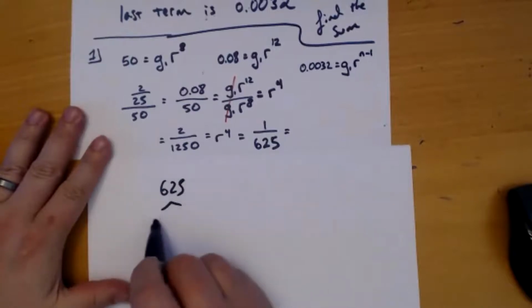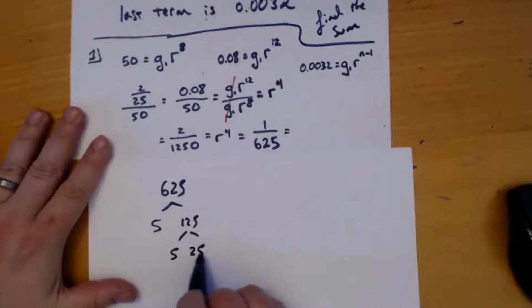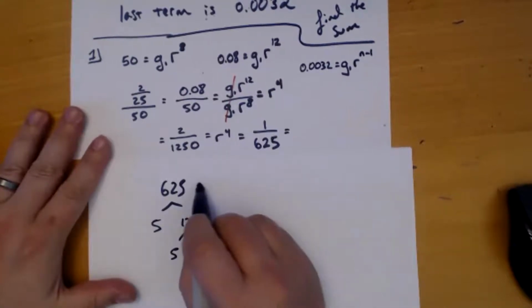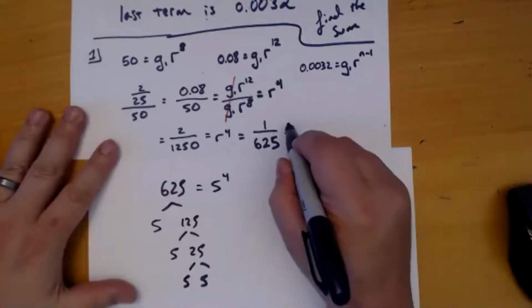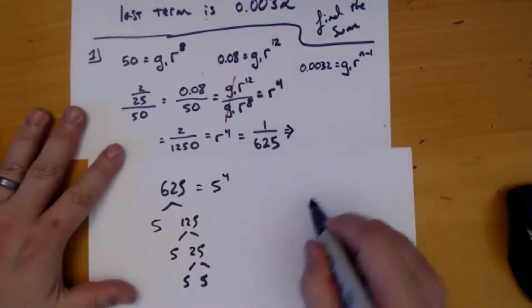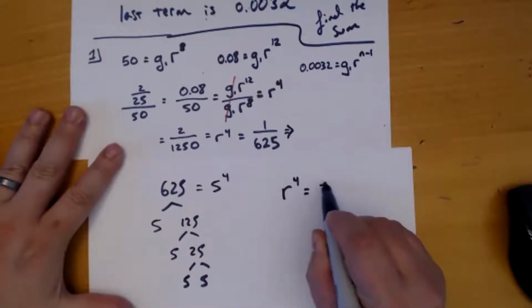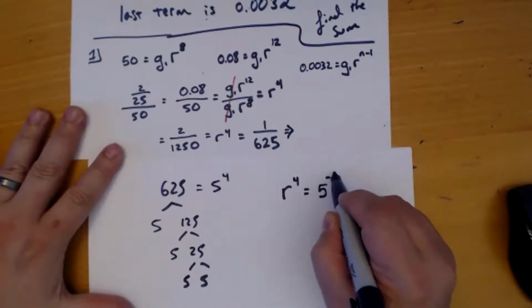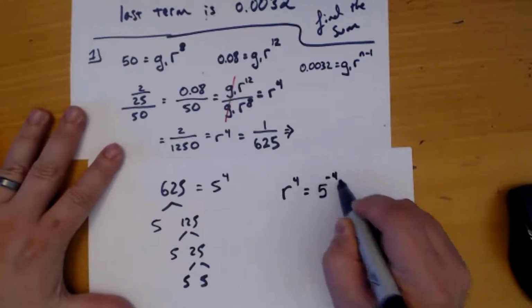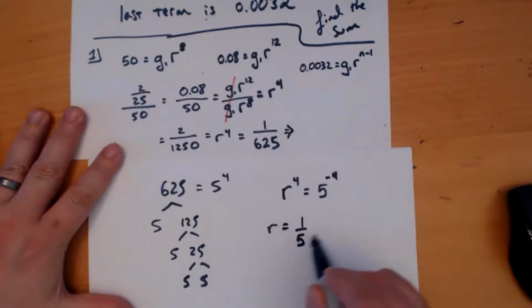So 625, that's 5 and 125, 5 and 25, 5 and 5. So this is 5 to the 4th. So this tells me that r to the 4th is equal to 5 to the negative 4. Right? So that tells me that r is equal to 1/5.